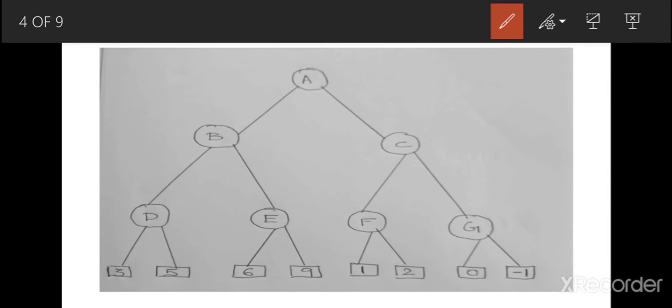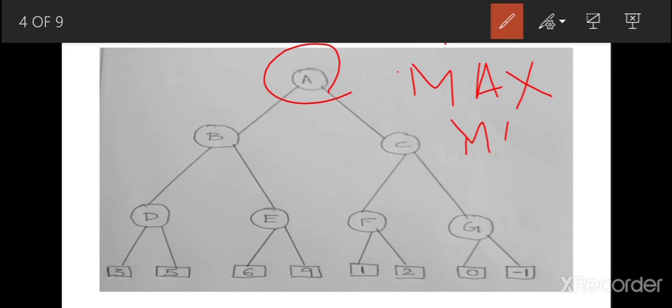Here the question is to find the value of the root node. Just like we have discussed in the minimax algorithm, the root is max, then min, then max.